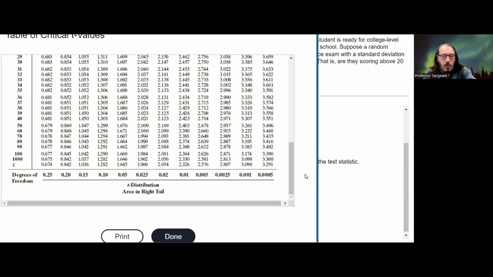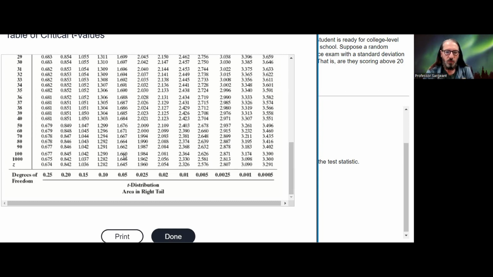The score for 100 is larger than the score for 1000. In fact, as you work your way up any of those columns, the critical t-values for smaller sample sizes and therefore smaller degrees of freedom are going to be larger because we play it safer. We play it more conservative when we have smaller samples, less information.